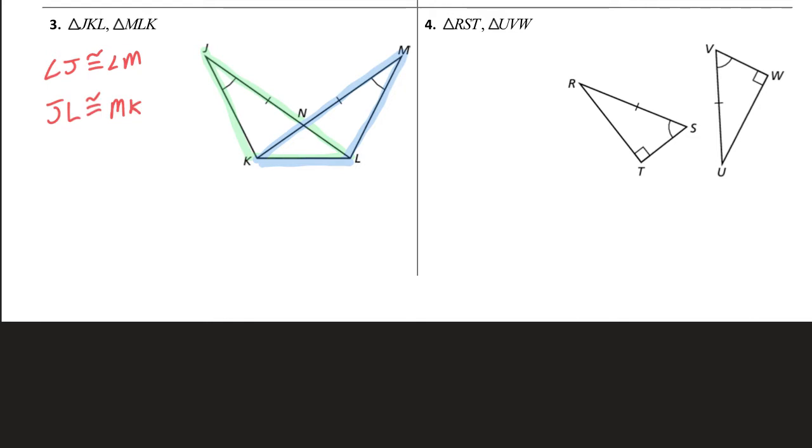Now, the thing we can't assume, and the thing we would need for ASA or AAS, is either of these angles at the bottom, all right? But we don't know that those are necessarily congruent because they're not marked as congruent, or they aren't vertical, right? So we would say, no, we don't have enough info.